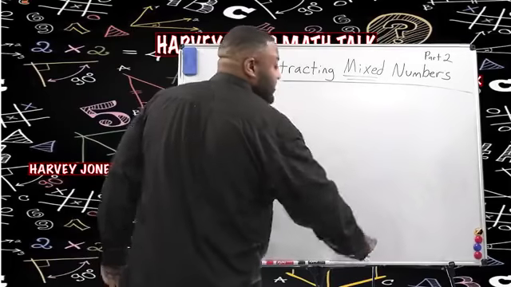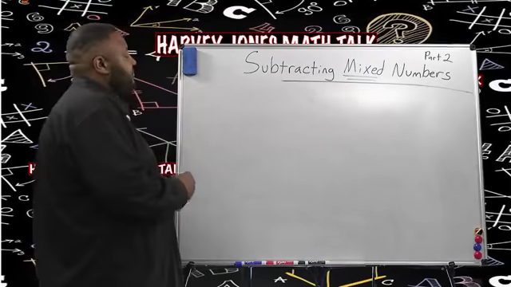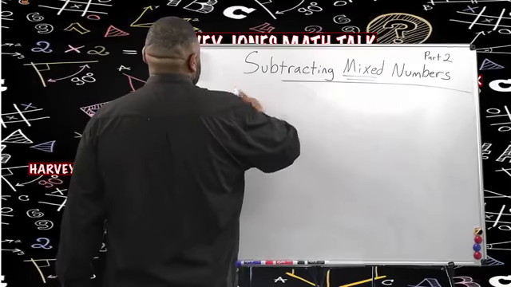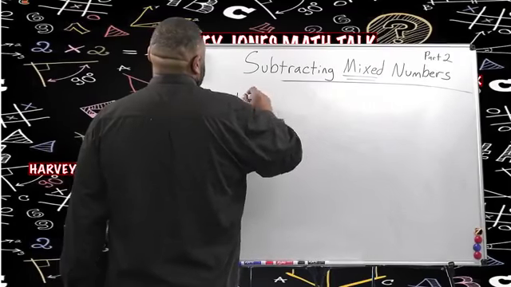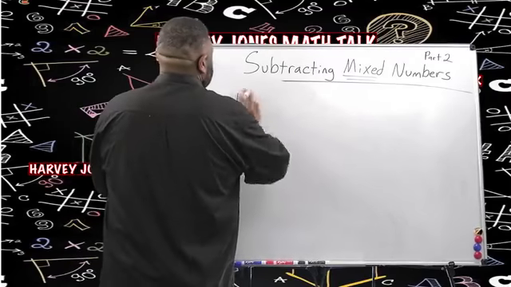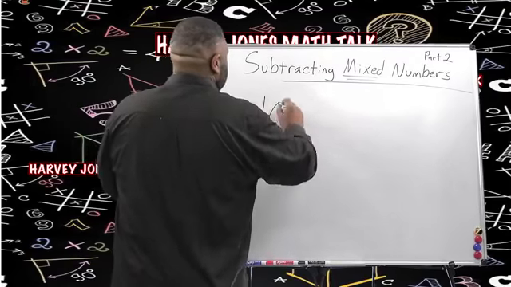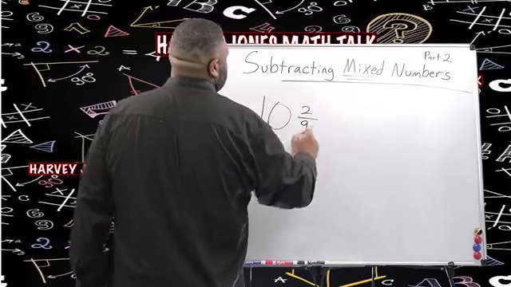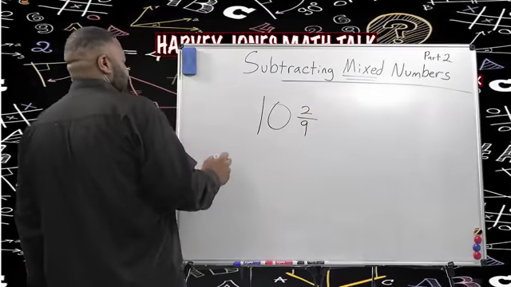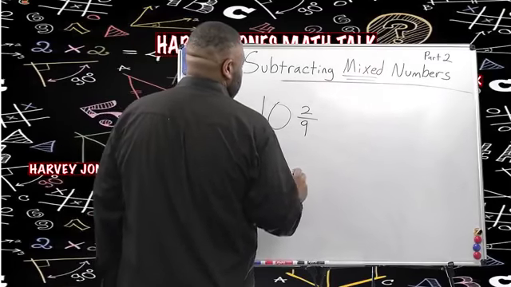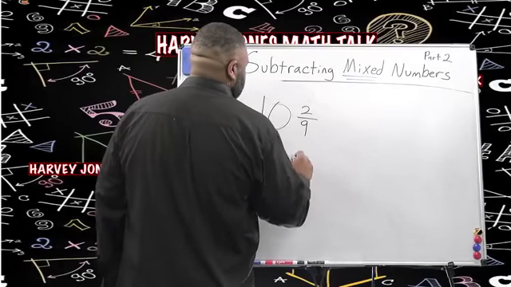Write this down for me, please. 10 and 2 ninths minus 4 and 5 ninths.